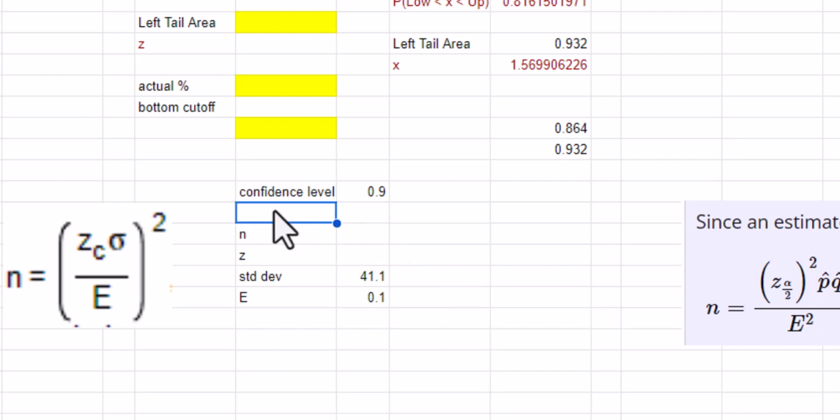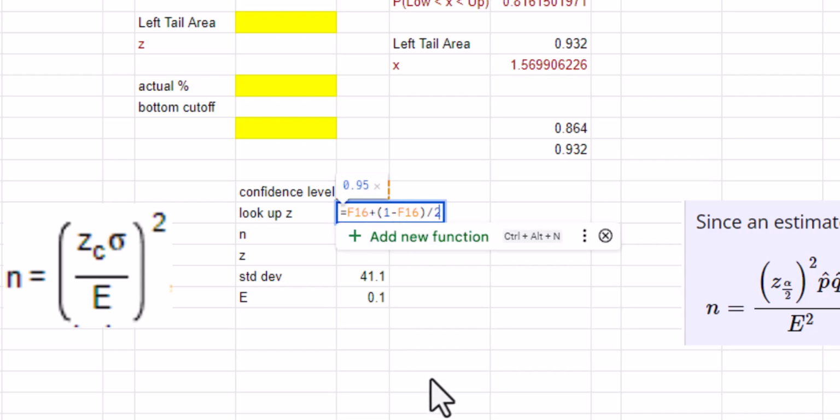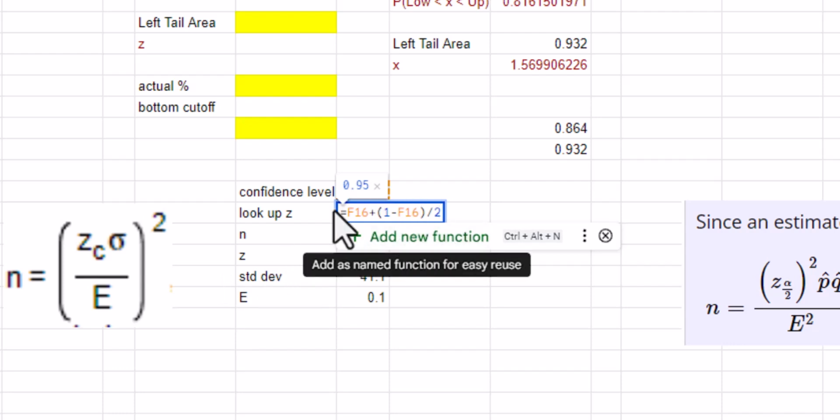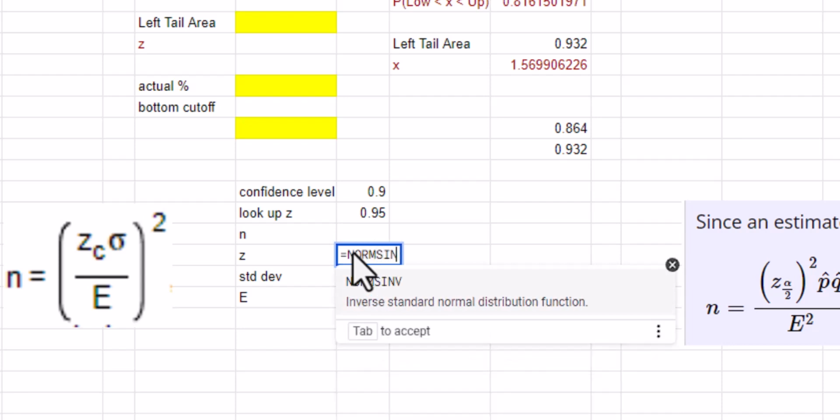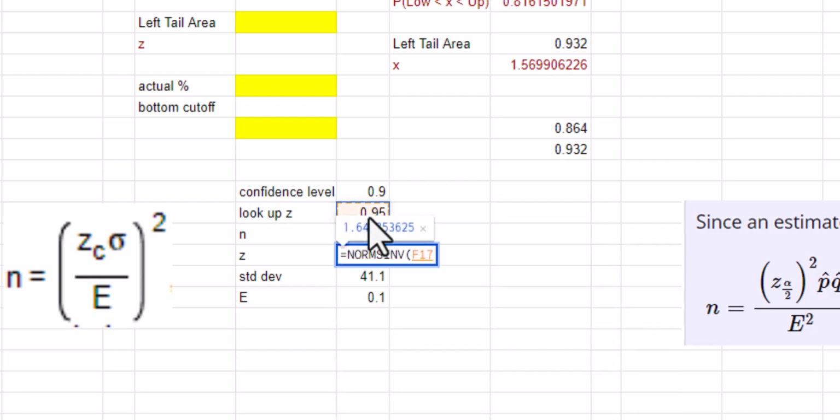The number that I'm going to actually look up for the Z value, let's just call it look up Z, is going to equal this value plus, in parentheses, 1 minus this value, divided by 2. So what I'm doing here is adding that bottom area plus the middle area. And as you can see, I get that. So now I can just use NORMSINV and click on this value.